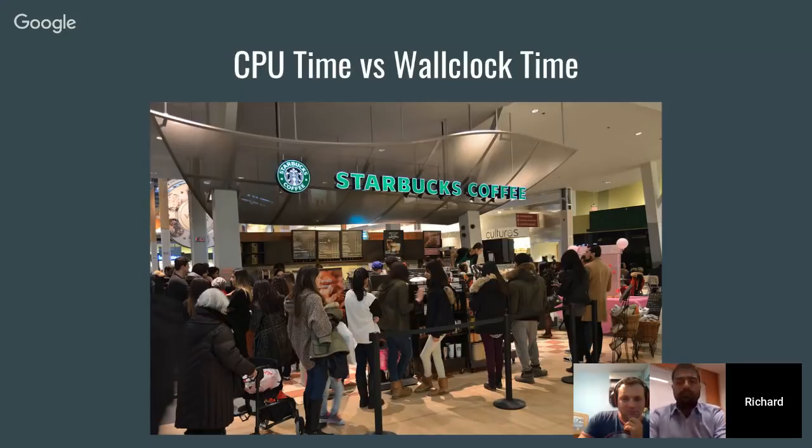It includes the time standing around waiting in the queue and the time on the other side where you're trying to figure out which of the bits of coffee the barista has put down is really yours versus somebody else who's waiting there. And the CPU time is much more like the time the barista spends actually making the coffee for you. Okay. And it's important to be able to distinguish between those two things because they can be useful in different contexts.